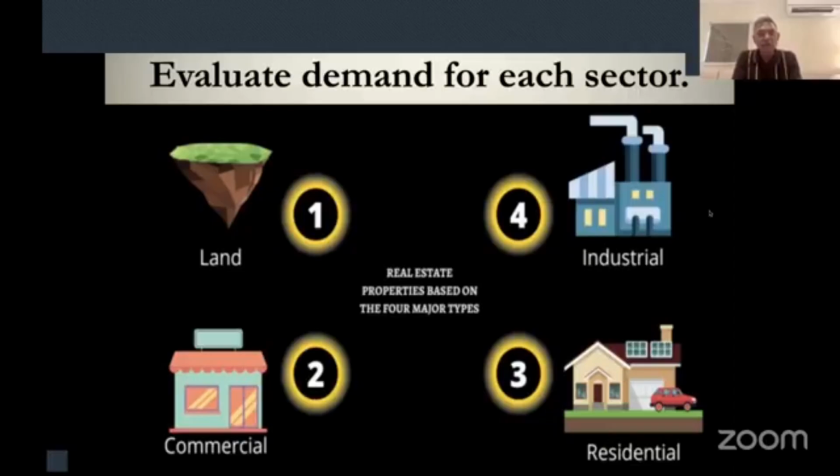Then commercial: you've got the mini malls, the commercial lots, the buildings, and office spaces, which has really corrected. I think that's probably the sector most affected right now, caused by the hybrid work-from-home trend.